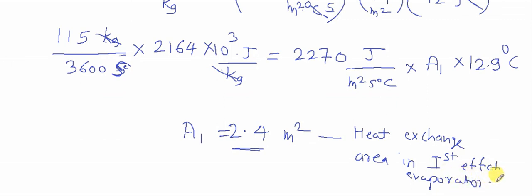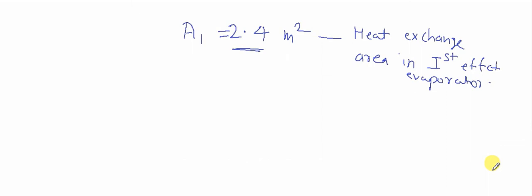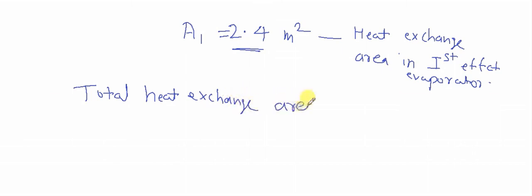So the total heat exchange area, as we have a 3 effect evaporator, will be 3 into A1, as we have considered the same heat exchange area in all 3 effects.